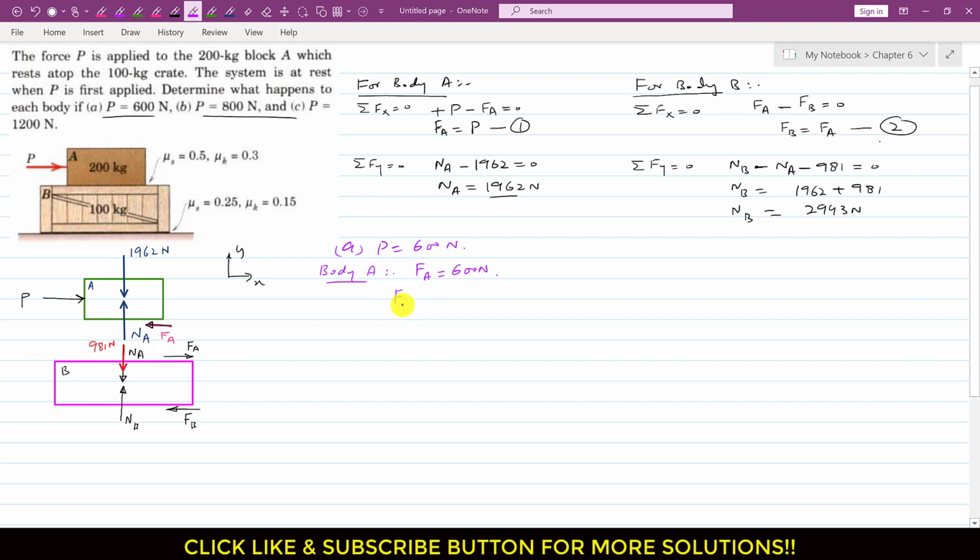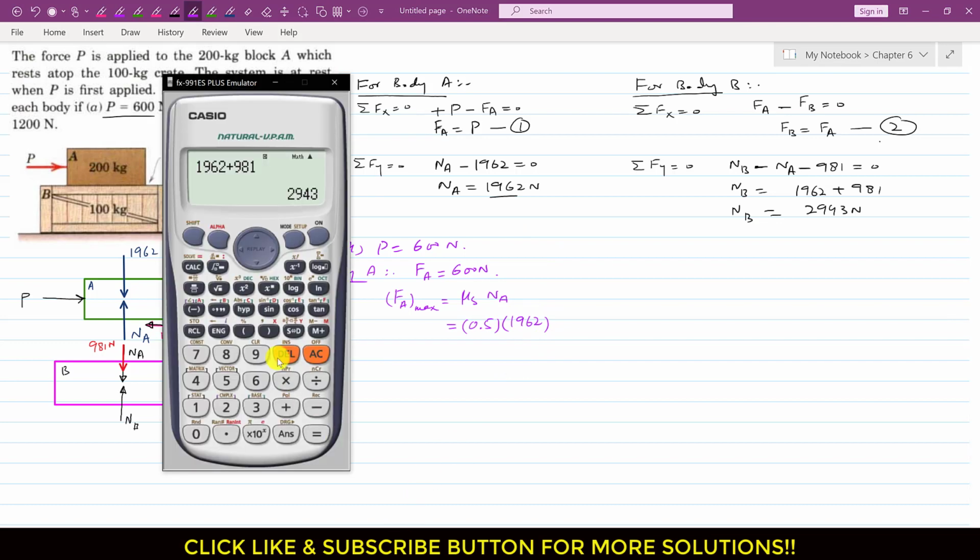If you want to find the maximum friction on block A, Fa maximum will be equal to mu s times Na. Mu s is 0.5 for block A, since the crate B surface can provide a coefficient of friction equal to 0.5. So Fa max will be 0.5 into Na, which is 1962, so 0.5 into 1962 gives us 981 newtons.